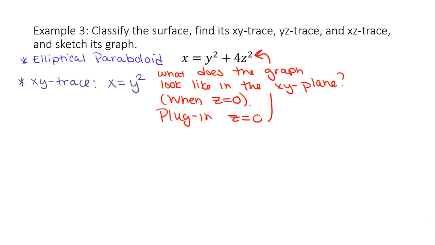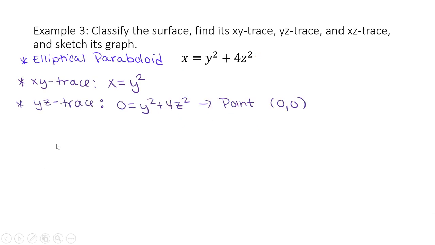And then we can do the same thing for the other traces. So if I want to find the yz trace, I would plug in 0 for x. And if we plug in 0 for x, we're left with 0 equals y squared plus 4z squared. If you square a number, you always get a positive, or 0.